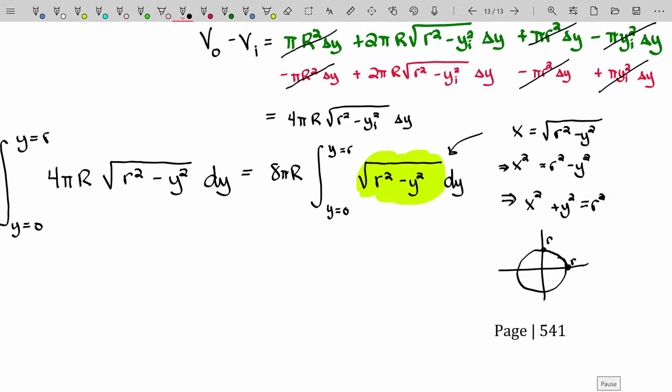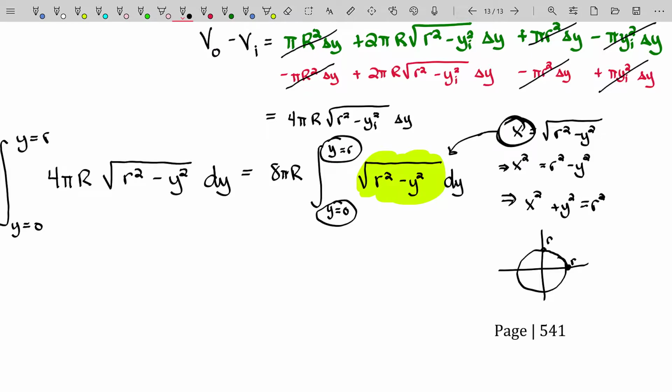And I want to find that area for the positive x values, right? Notice this is positive square root, not negative square root. So I want to find the area of this region here. And if you take a look at that region right there, that is part of a circle of radius r. Specifically, we want to find the area from y equals 0 to y equals r, where x is positive.